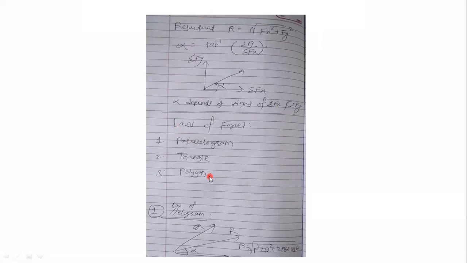All these three laws are for the forces, so the parallelogram law of forces, triangle law of forces, and polygon law of forces. These are the three laws. A fourth law is also there, that is the sine rule. That is also for forces, and we are going to learn that too. So our first law is the law of parallelogram.